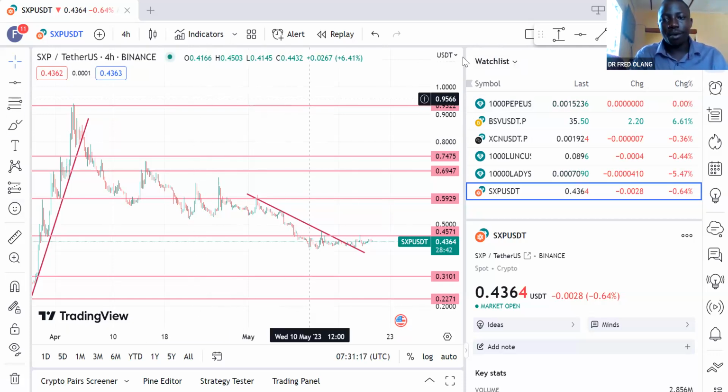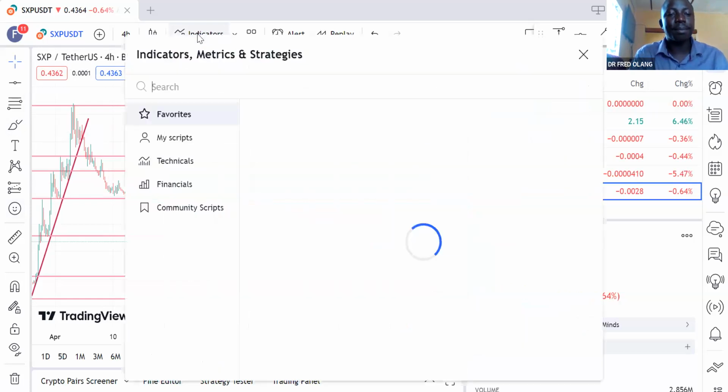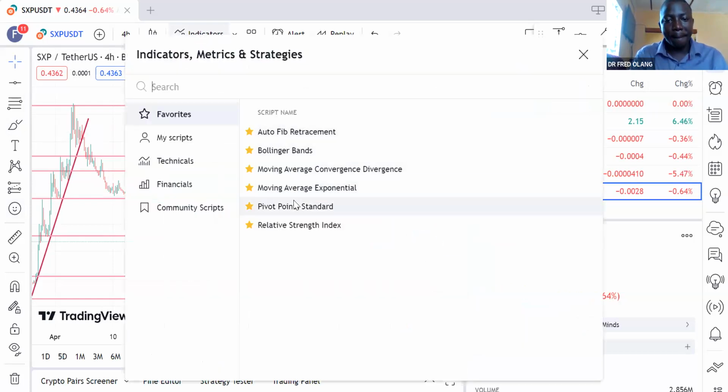TradingView has it. You just go to indicators and look for pivot points standard. Those ones will draw these lines for you.